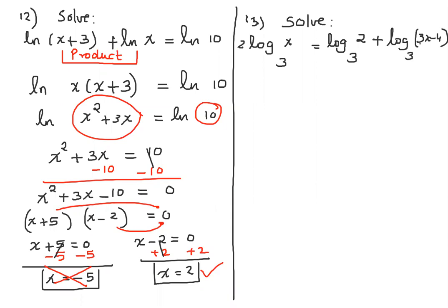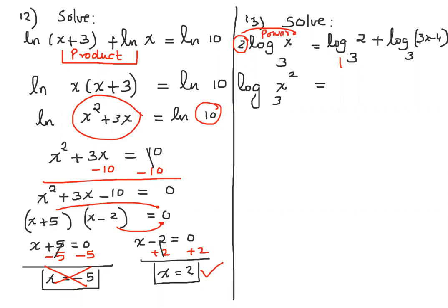So we have 2 in the front, and this is going to be the power of this expression. So it's going to be log x squared over 3. So we are applying the power property.